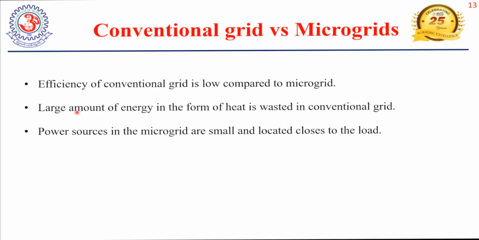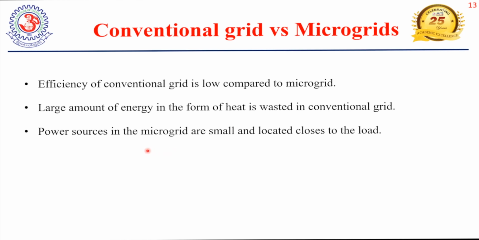The second point: a large amount of energy in the form of heat is wasted in the conventional grid. That you will also understand with the help of the first point. Because there is no transmission line in the microgrid, there are no transmission losses and no heat is produced in transmission. In the conventional grid system, a large amount of electricity is wasted in the form of heat, but that is eliminated in the microgrid because we are generating at the same place.